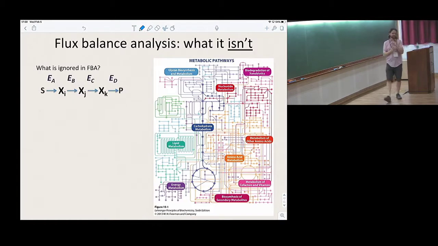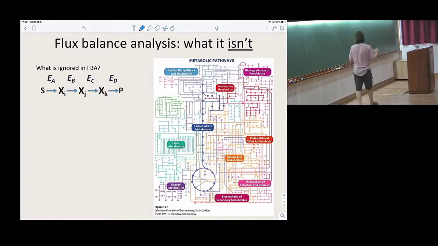So to do flux balance analysis, it is not 1,000 different ordinary differential equations with the associated 5,000 to 8,000 parameters, thankfully. That would have its own advantages, but certainly has its own disadvantages. So when we think about metabolic pathways, what does flux balance end up ignoring?